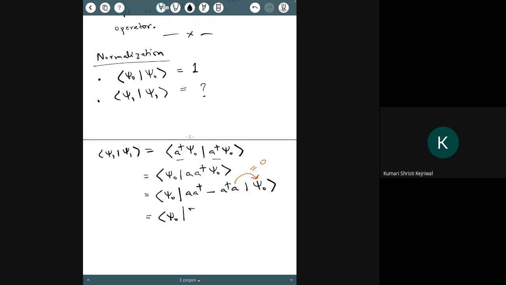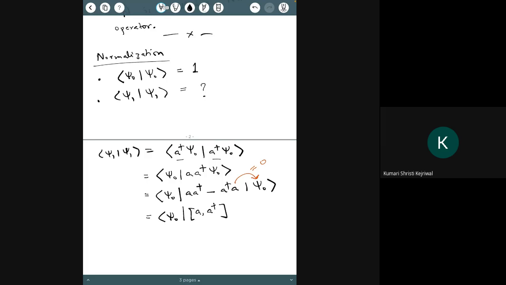Ma'am, could you please show how you went to the second step from the first one? I couldn't understand that. So when you shift things from the bra to the ket, you do a dagger.